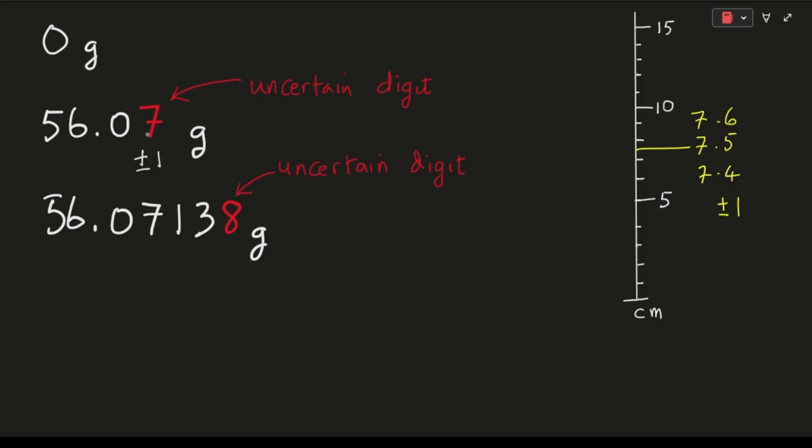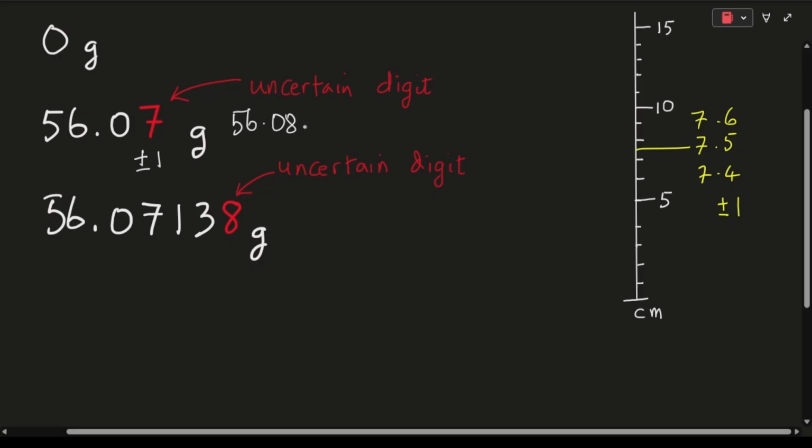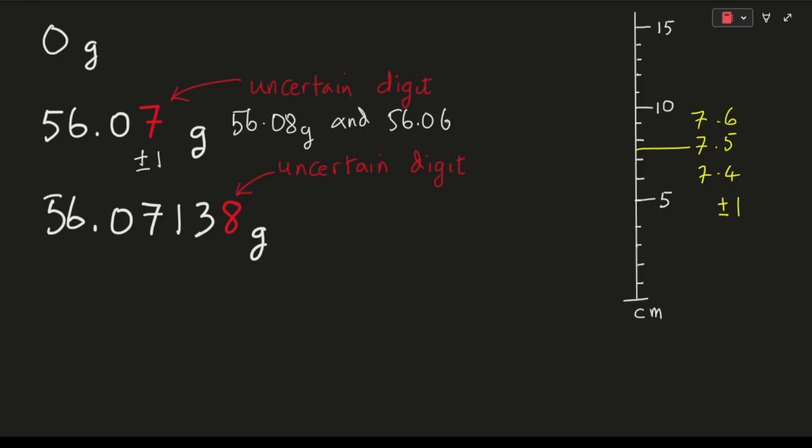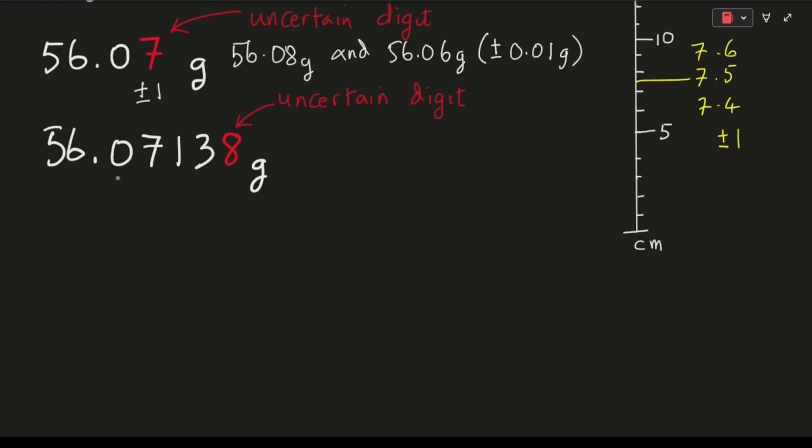So the exact value of this measured value is between 56.08 grams and 56.06 grams. And so here we're considering the uncertainty in measurement as plus or minus 0.01 grams. And for this measured value, the exact value lies between 56.07139 grams and 56.07137 grams.